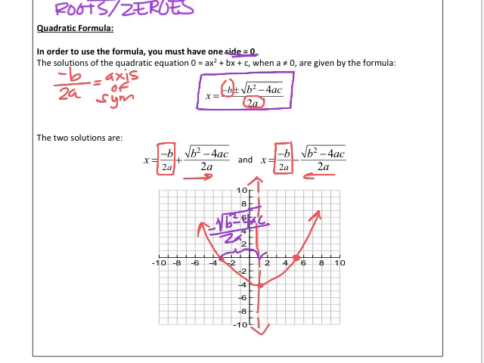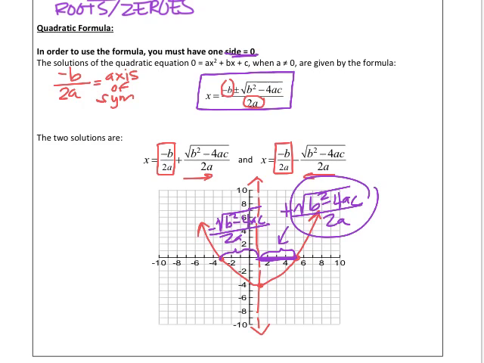And this distance from the axis of symmetry over to the rightmost x-intercept is going to be the plus square root of b squared minus 4 times a times c over 2a. Now you don't have to remember that. I just want you to see that from the axis of symmetry over to the one solution is this distance.